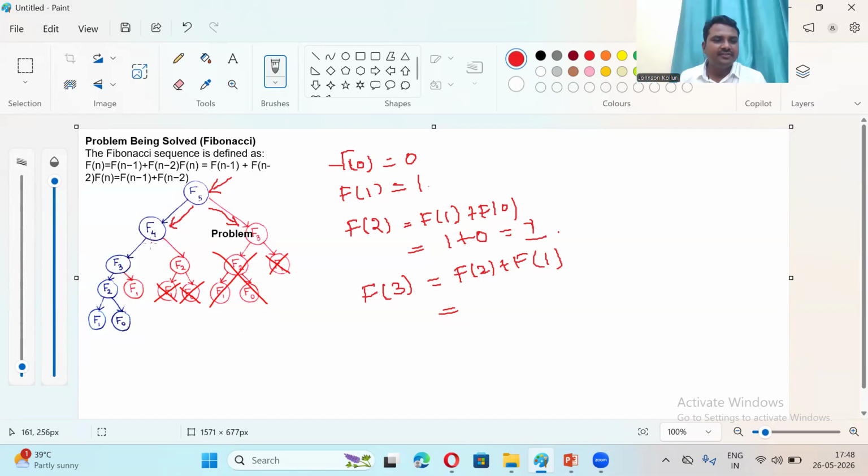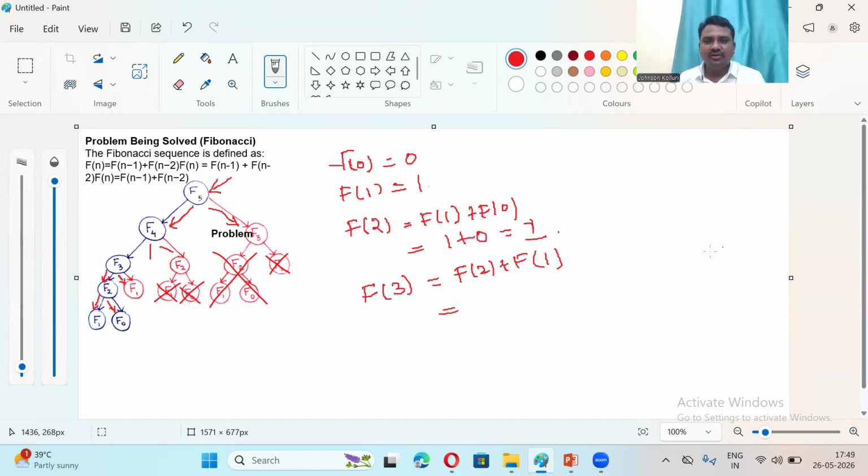Then f of 4 is calling f of 3 and f of 2. Then f of 3 is calling f of 2 and f of 1. Then f of 2 is calling f of 1 and f of 0. Again f of 2 is calling f of 1 and f of 0. Here f of 3 is calling f of 2 and f of 1.